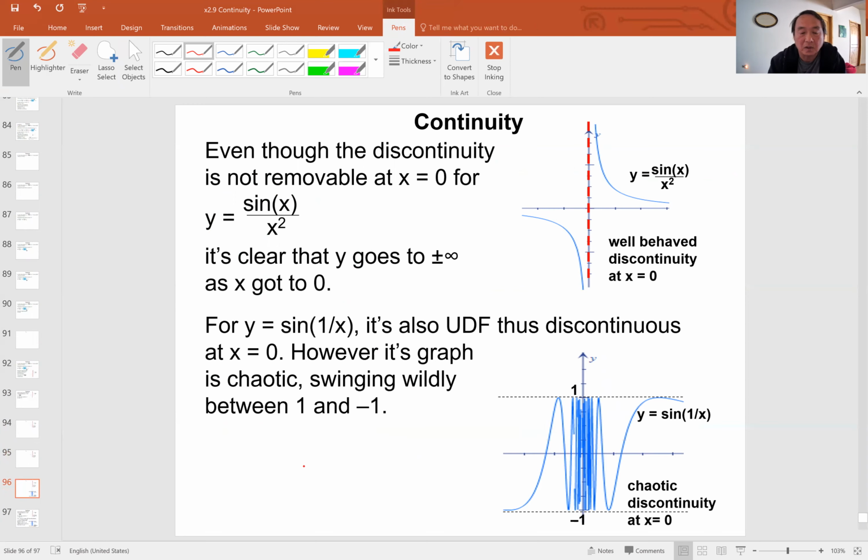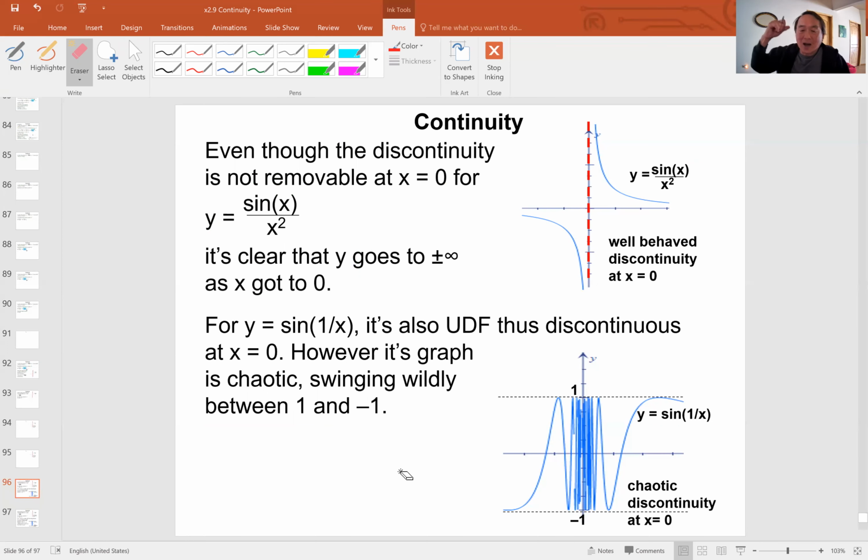You can choose x to be 1 over pi, 1 over 2 pi, and so on, and find values so that you keep hitting 1, minus 1, 1, minus 1. You can choose the x values.